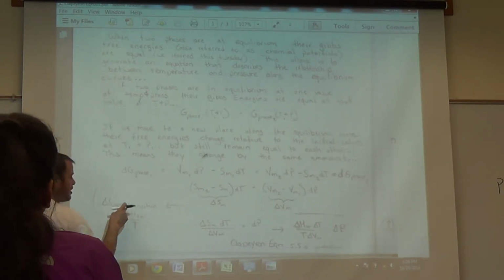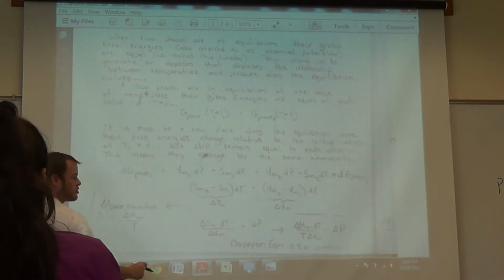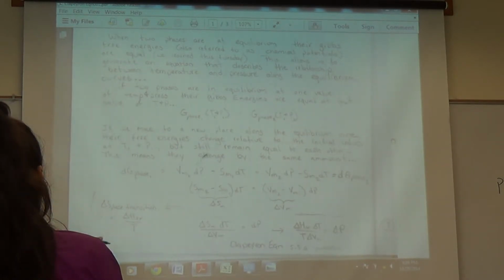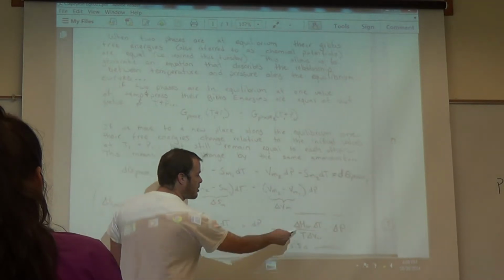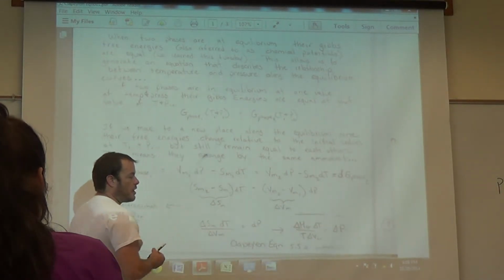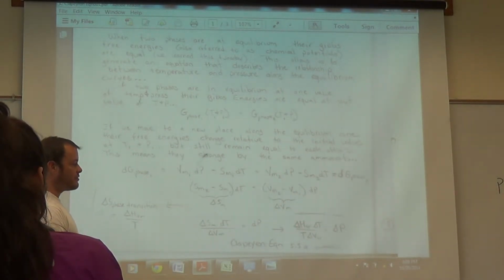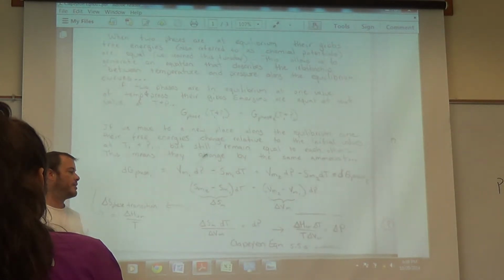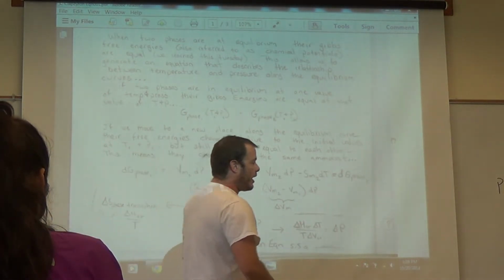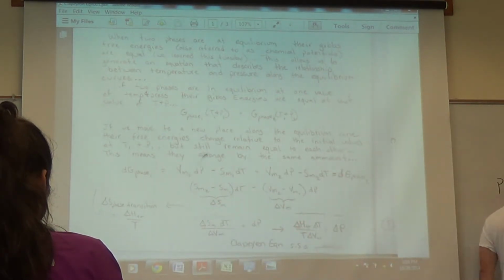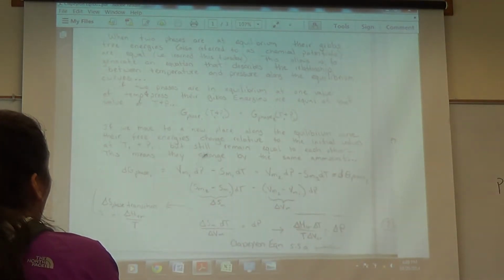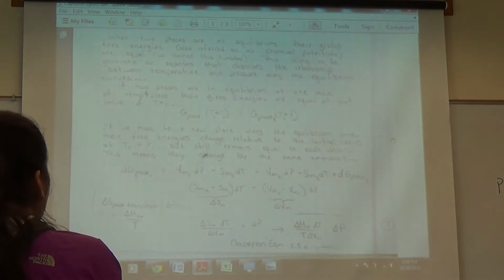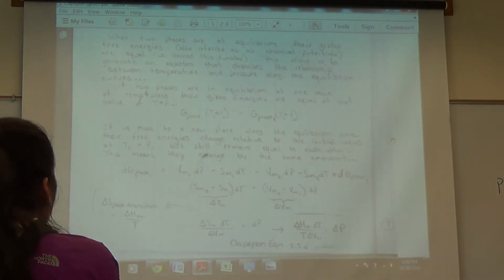Just a quick reminder; go back to the other notes and remind yourself of that. And so we can replace this delta S for the phase transition with just delta H of the transition over T, and our expression becomes delta P equals delta H over T times delta T over delta V. That is known as the Clapeyron Equation, and it describes all of the equilibrium points along the phase boundaries.